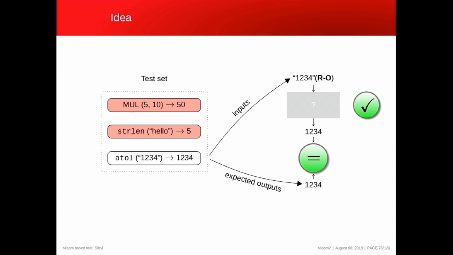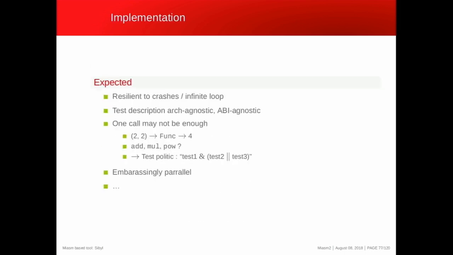So it's maybe A2L. Regarding the implementation, we have to be resilient to crashes because it can fault, of course. If the function expects a pointer and you give it 5, it will crash. As we are using emulation in Miasm, it's emulated, so there is no real crash. Infinite loops also have to be taken into account.